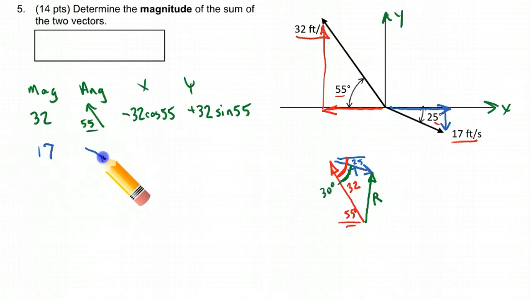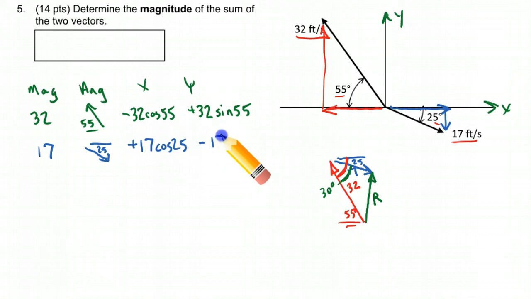It's going down and to the right at 25 degrees. So it's going to be plus 17 cosine 25, minus 17 sine 25. You need to get comfortable doing this fairly quickly. We're going to use vectors all semester long.